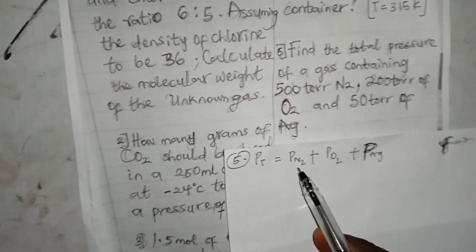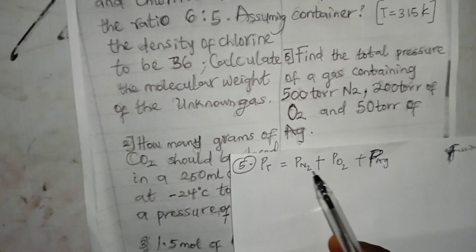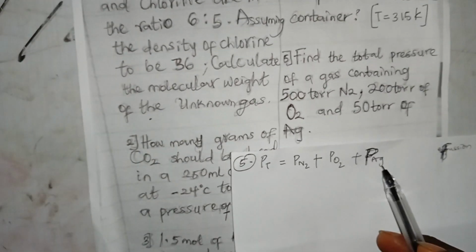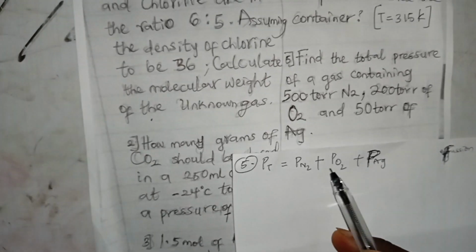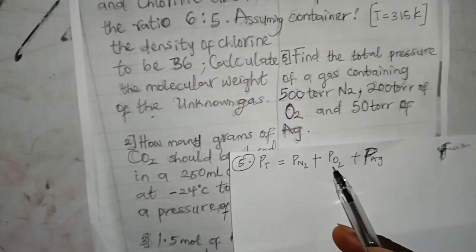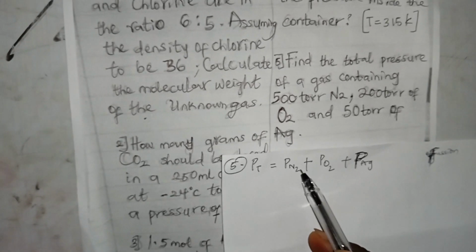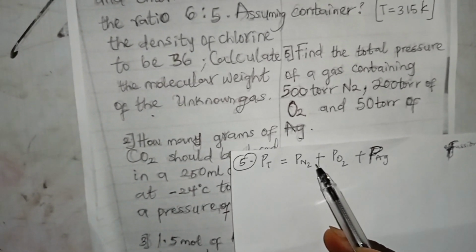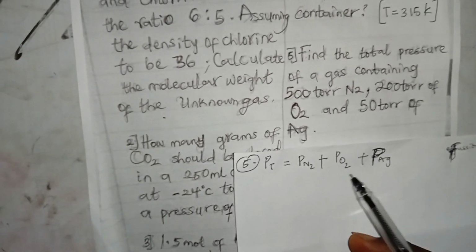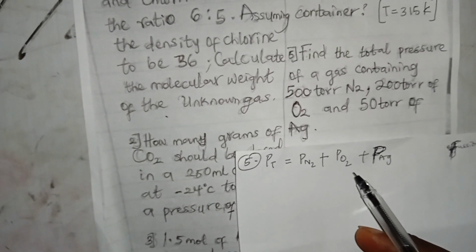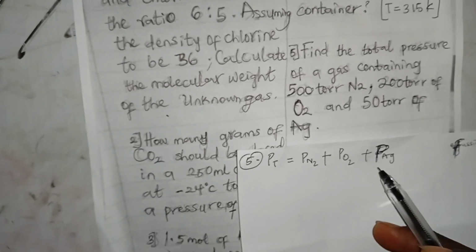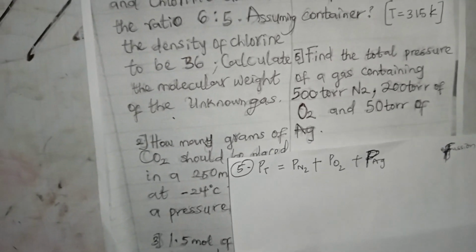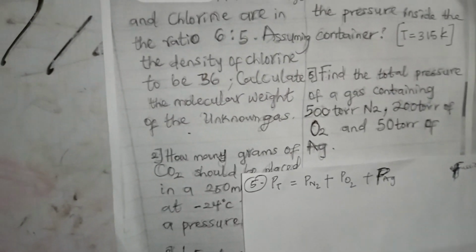Dalton's law of partial pressure states that the sum of the individual pressures, or the partial pressures of a system, gives the total pressure.